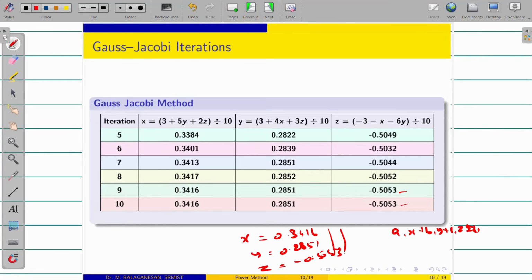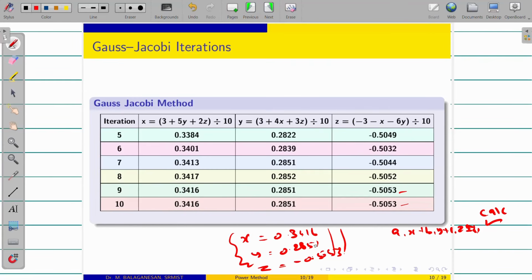If you give these values in your calculator, solving for three unknowns, you can directly get the answer x, y, z. That will be exact. What you are finding in your calculator will be exact. What we are finding by the numerical way, Jacobi and Seidel, is approximate. That is nearer to the exact value only. Clear? So this is the way to do the cross check.